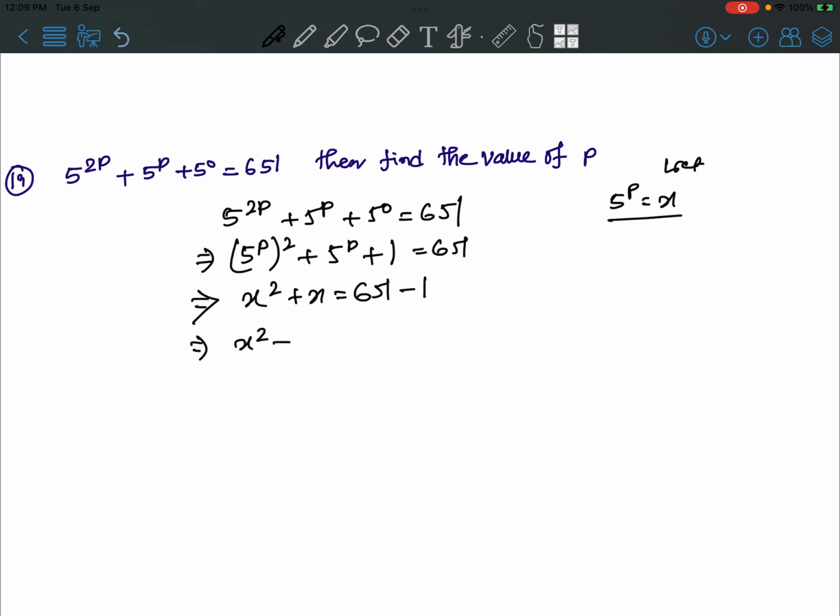Then x square plus x equals 650. We can write it as x square plus x minus 650.